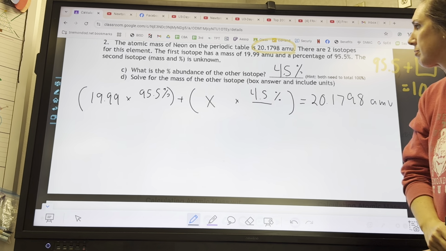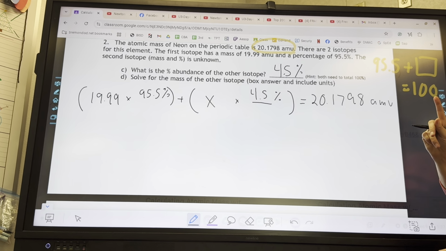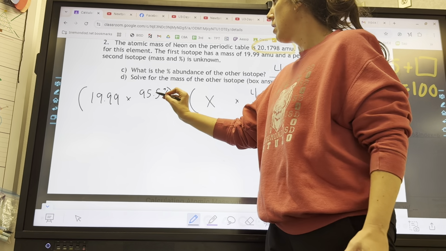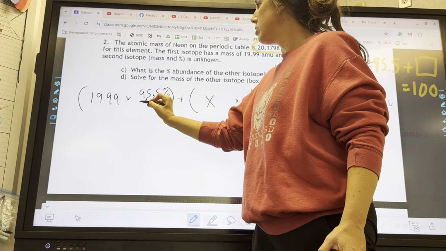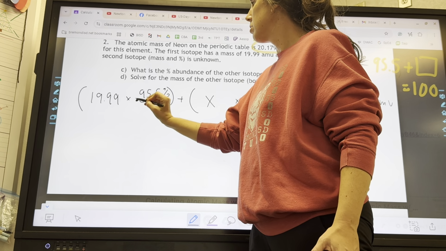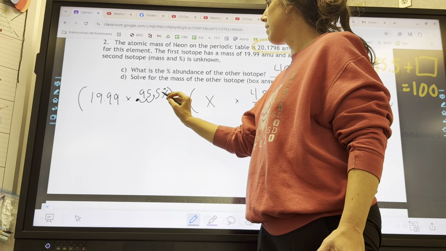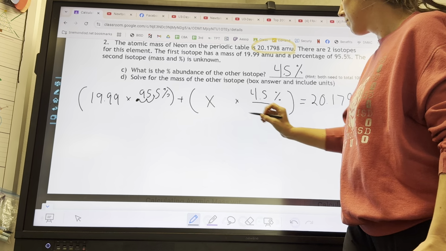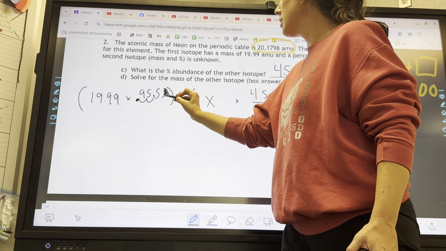4.5%. Okay, but before we can do any math, we have to get rid of the percentages and move the decimal over 2 times. So ready? I move this over 1, 2. So it becomes 0.955. It's no longer a percent.